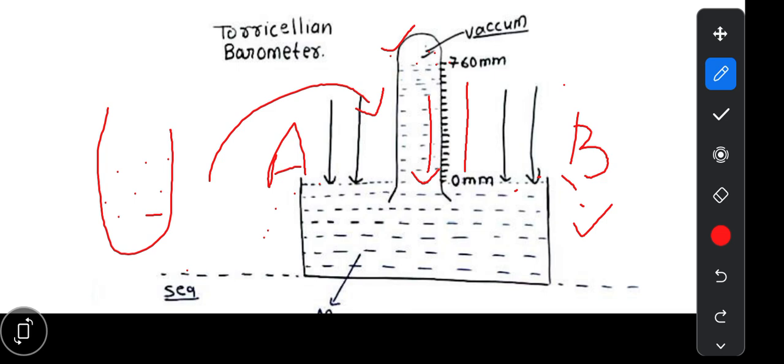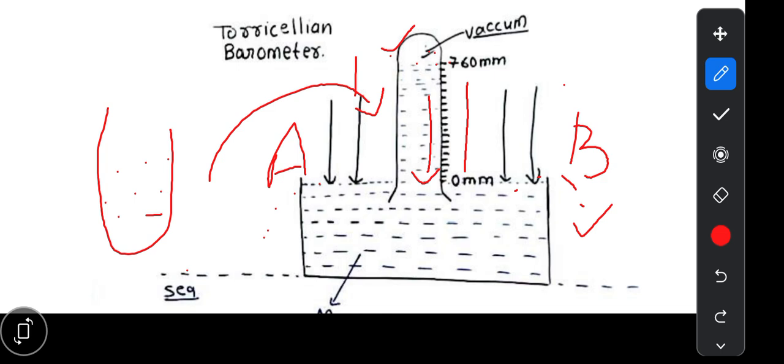That is the part in which the air molecules exert pressure, and the pressure on both sides is the same. That's why there is no overflow and no level decrease or increase at the two points.